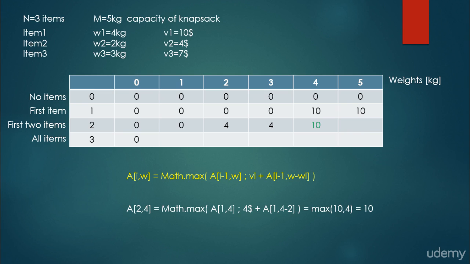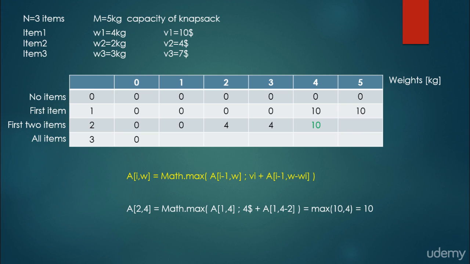Okay, the next one is 10. Why? Of course, again, we just have to calculate our formula. So A with row index 2 and column index 4 is equal to the max of A14, which is 10, and we have to calculate the other situation when we take the item. It's very important that the first integer in the max equation represents that we don't take the item with index I. In this situation, index 2, so we cannot take item 2.